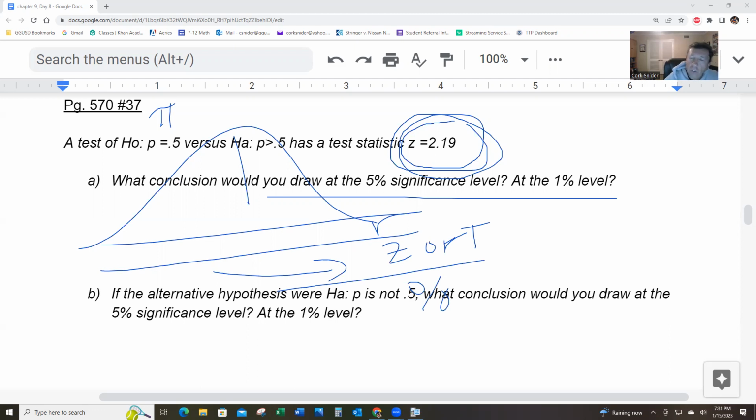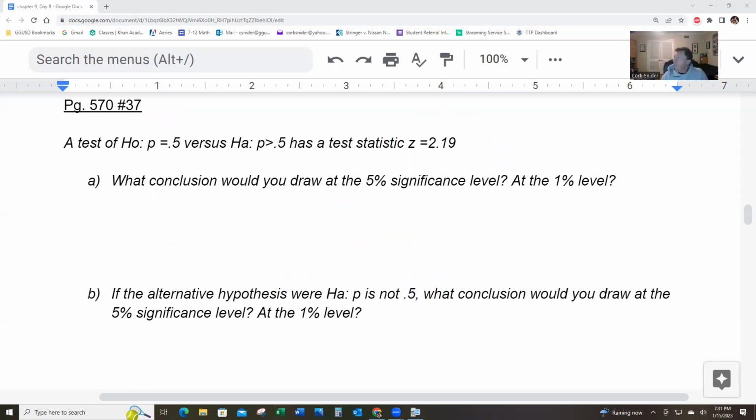So the Z-score is 2.19. Now, what happens when you do that is you've taken out the stat tests part of the calculator. You can't use that. So you're going to have to do something else. But you should know how to do this from your past. Okay, so let's look at this. Okay, so the Z-score is 2.19 and it's greater than.